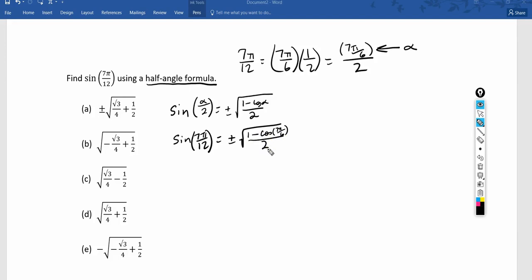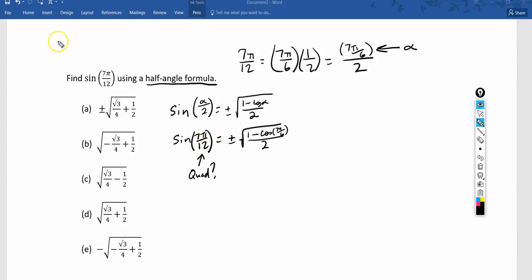Okay, now I have to get this into the form of one of those. Well, the first thing we need to do is determine what quadrant that is in, because the plus or minus is determined by the quadrant that this angle is in.